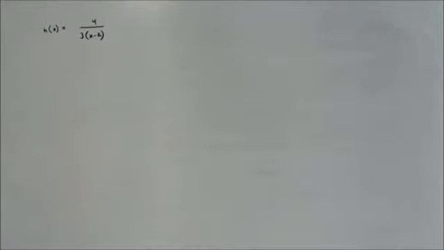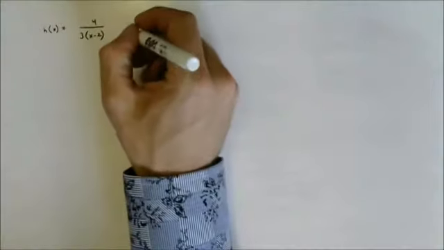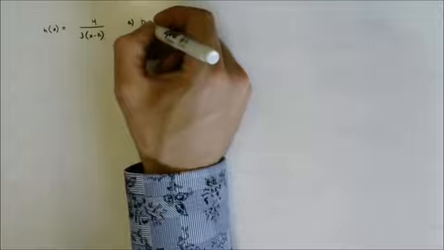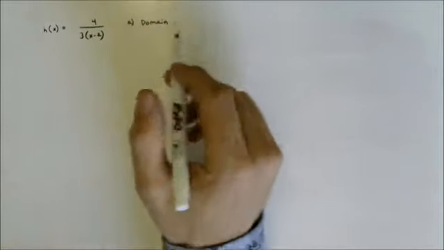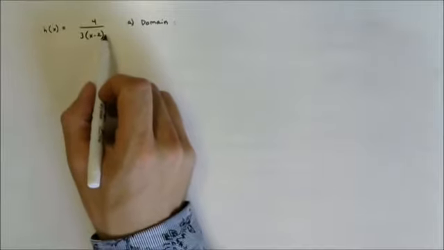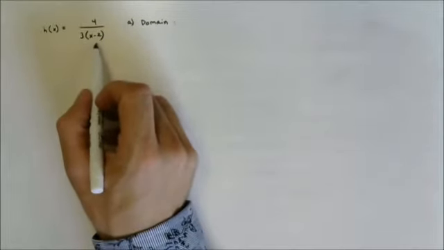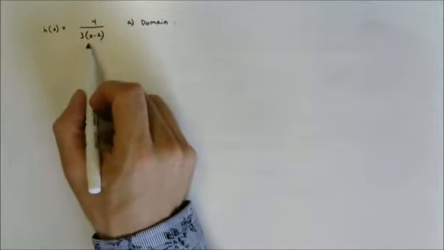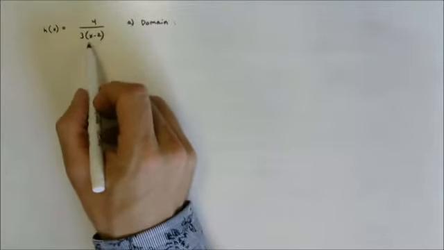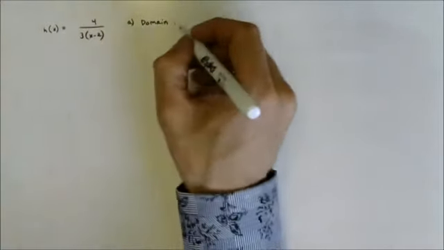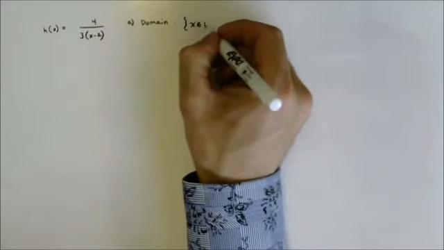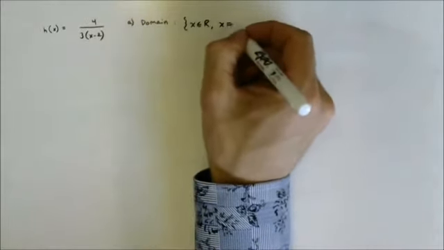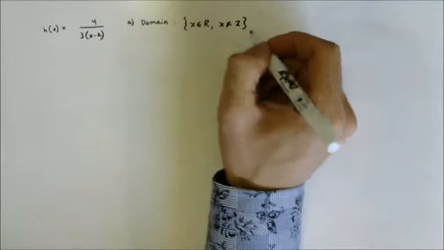So what did we do? We state the domain first. The domain is found by looking at the denominator and saying what is x not allowed to equal. We have one binomial factor involving x. 3x minus 2 equals 0 gives x equal to 2/3. So x cannot be that value.